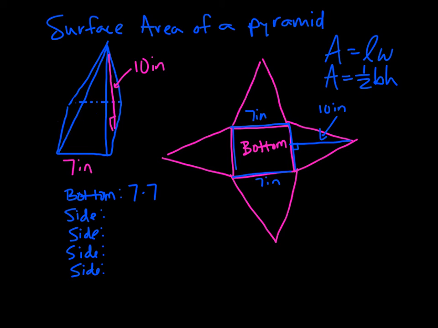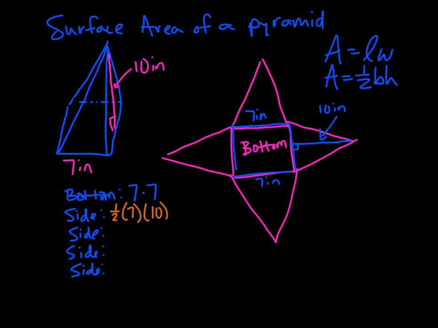So that just means we have to use that area to fill in over here. My base was 7, so I would do 7 times my height, which is 10. Order of operations tells me to do multiplication first.